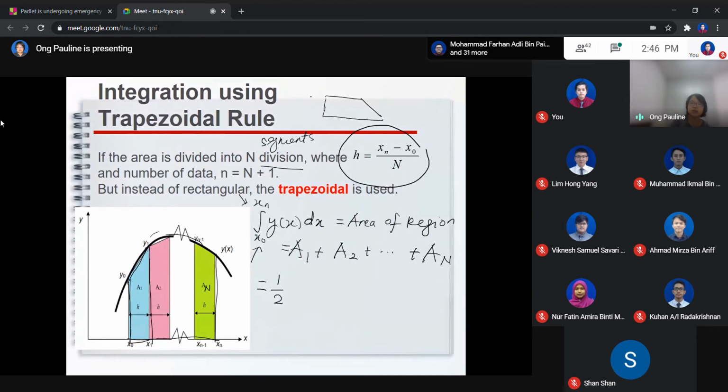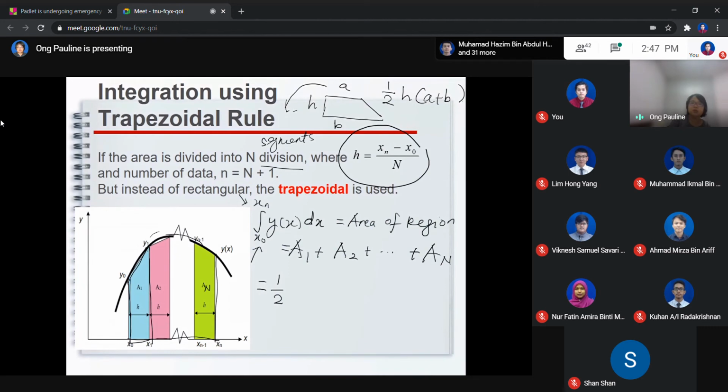If this is h, this is a, and this is b, the area of the trapezium is given by 1 over 2 h (a plus b). Now you just try to shift this negative 90 degrees. Now we get this.